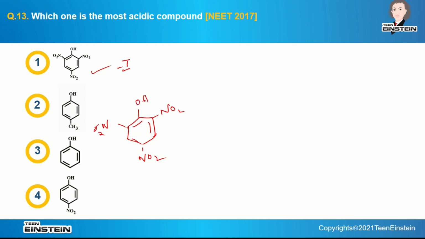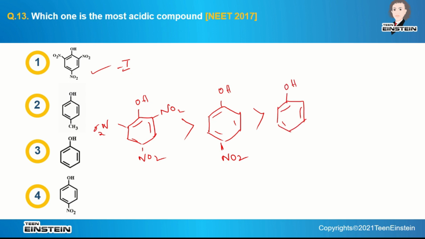Next acidic compound is option number 4, para-nitrobenzyl alcohol. In third position, the compound is benzyl alcohol, and option 3 comes in the fourth.